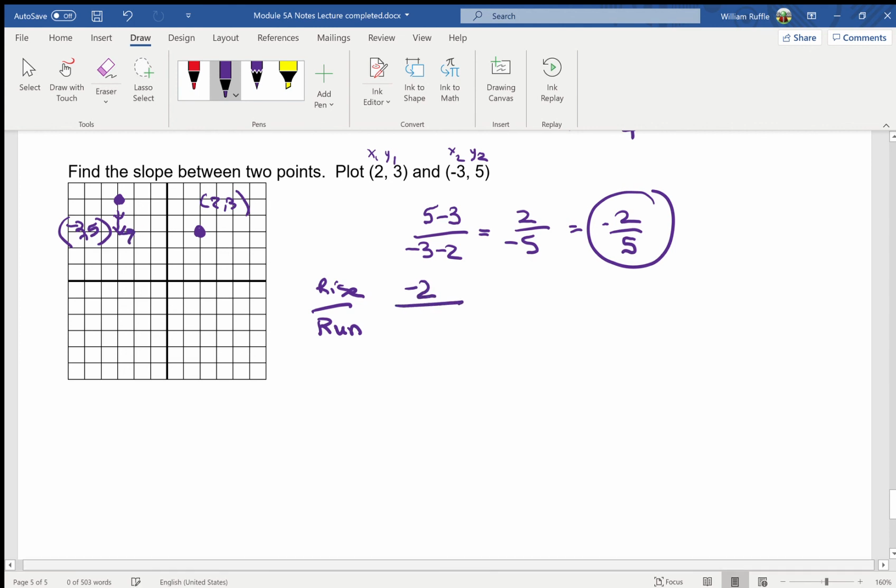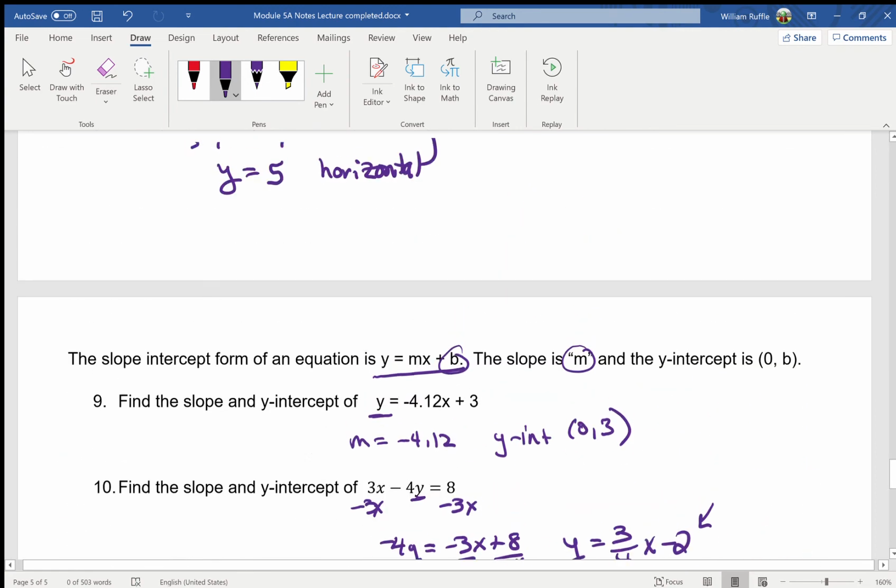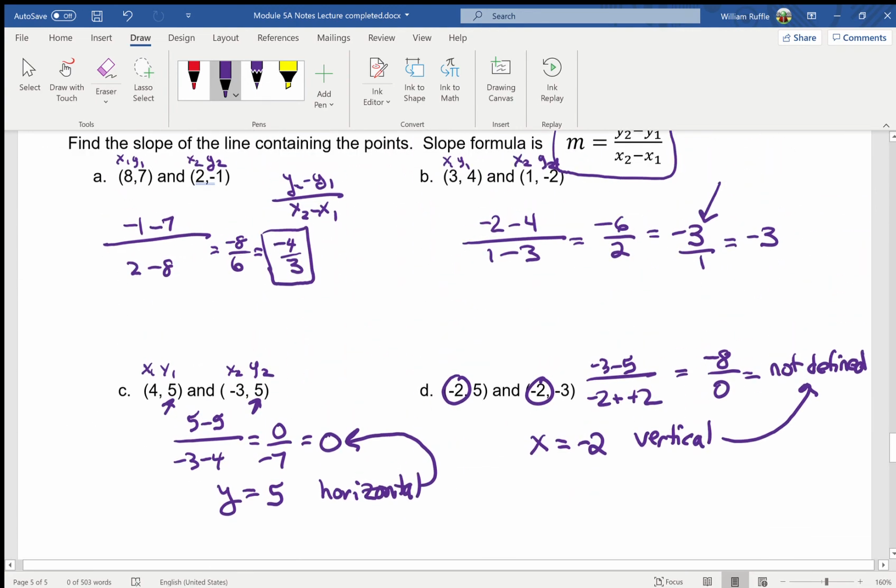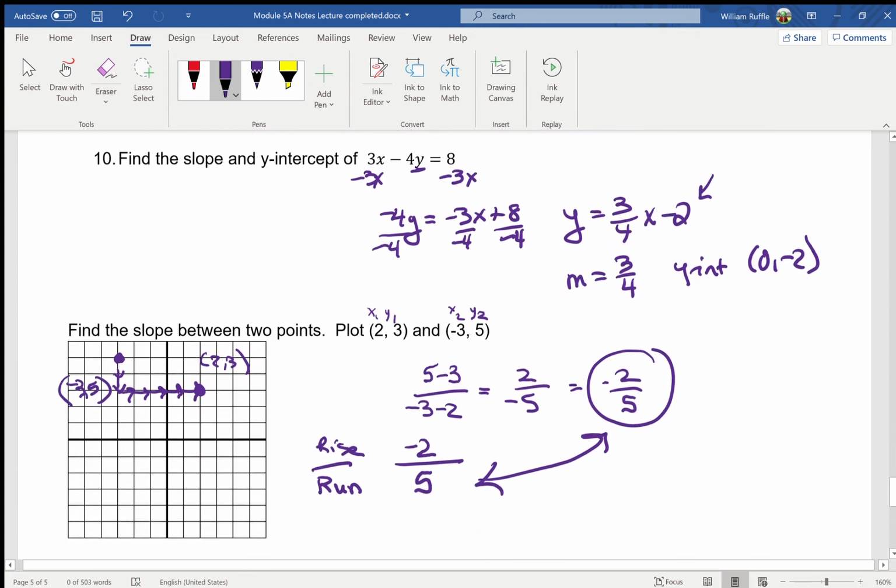If I run 1, 2, 3, 4, 5, I ran 5. And there's my negative 2/5. All right, so it's rise over run. If I have a picture of it, I can just count off the boxes and figure out what the slope is. Without a picture, I have to use the formula like I did up in these questions. I don't have an option.